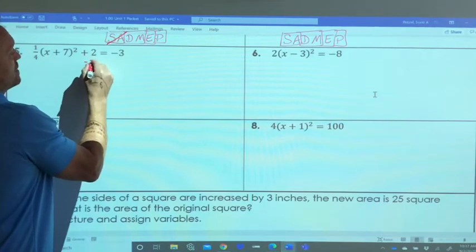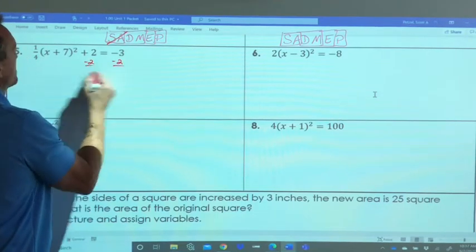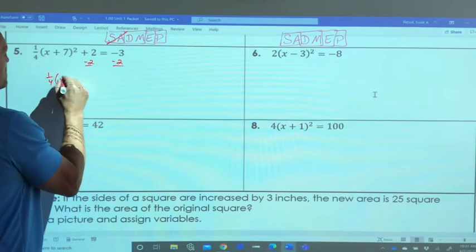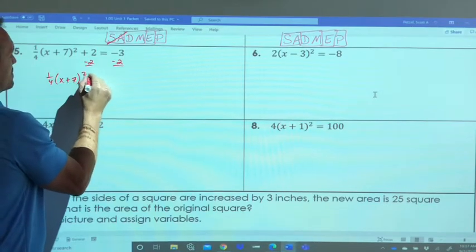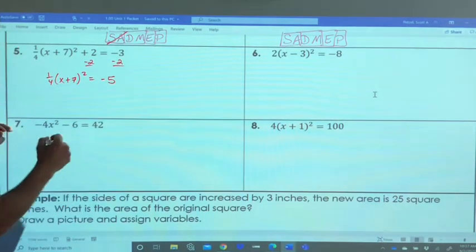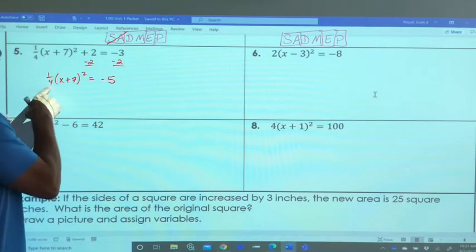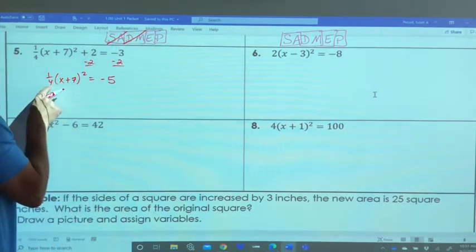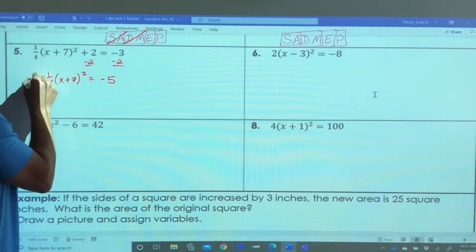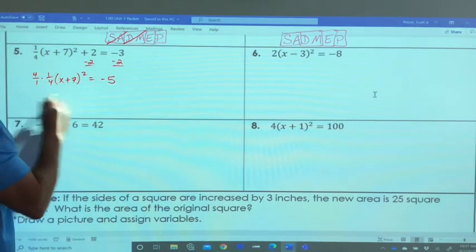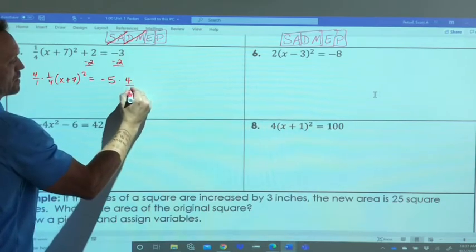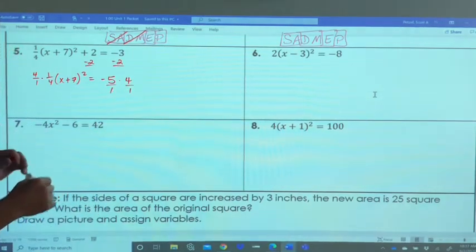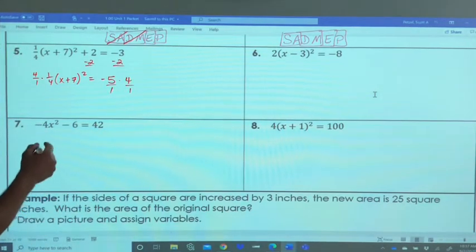This is being added, we'll subtract. This is being multiplied, divide. To get rid of this fraction, I want to multiply by its reciprocal. Same thing over here. Negative 5 is like negative 5 over 1.